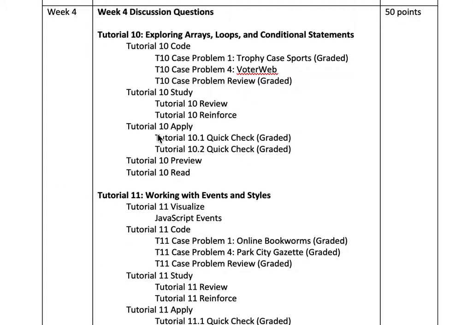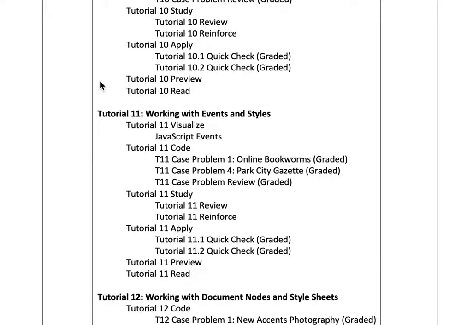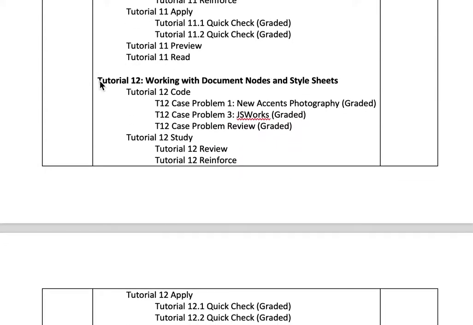And then in week 4 we start getting into arrays, loops, and conditional statements that are used pretty much in all languages, but focused, of course, on JavaScript. Working with events and styles. With events and styles, in a way, you're leaning into what's called object-oriented technology, lightly with events. We'll get there.